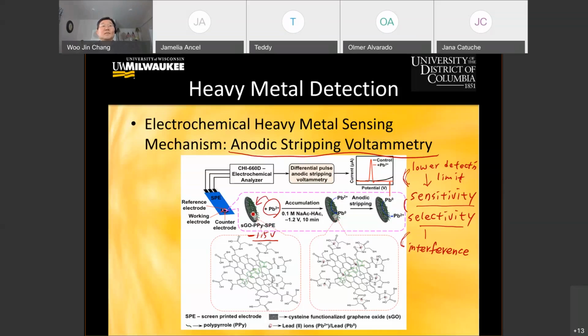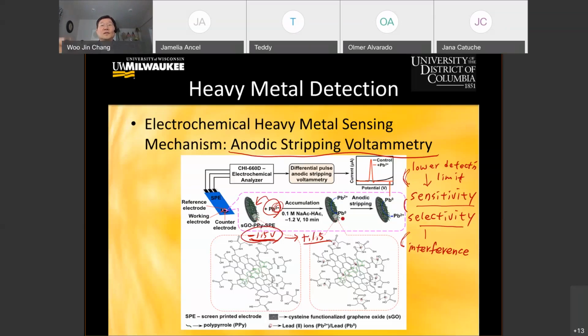When the heavy metals are dissolved, typically they have cation charges, like positive charges. So if I apply the negative charge, those positively charged molecules will be attached electrically on the surface of the electrode, and then I change the polarity of the applied potential to positive.